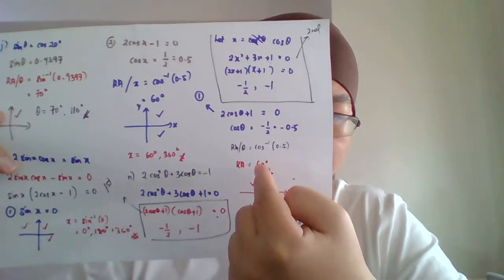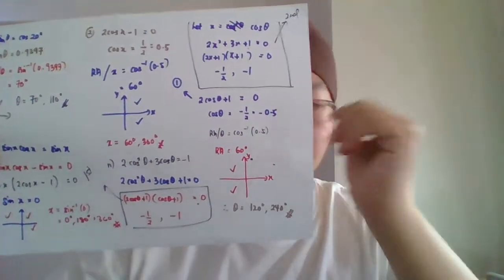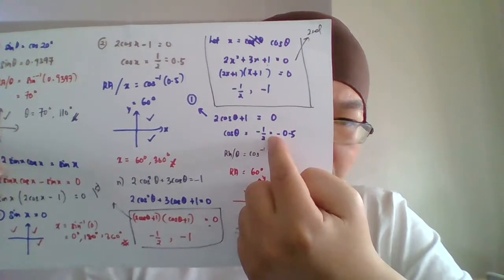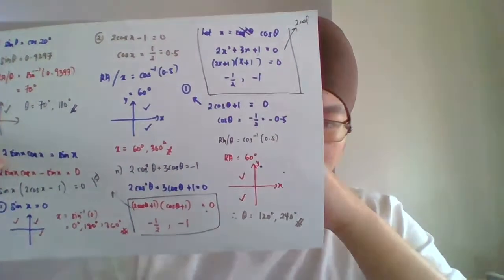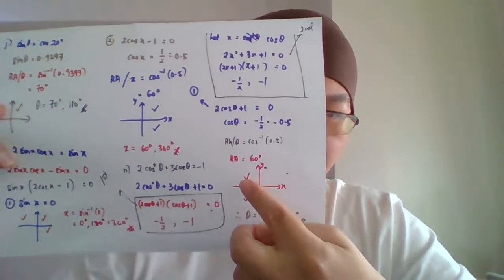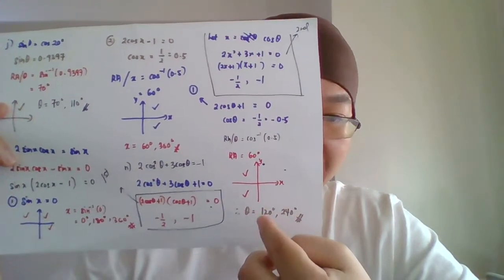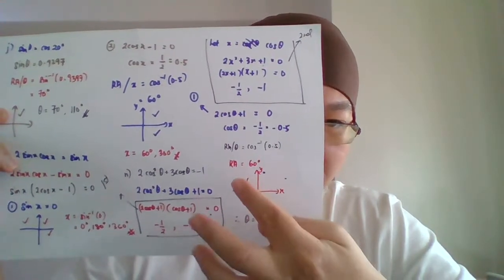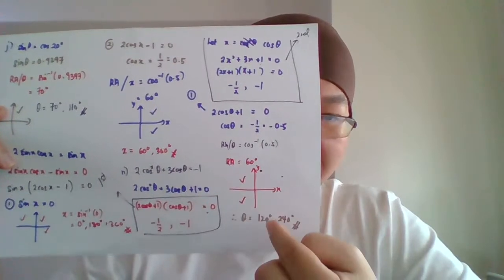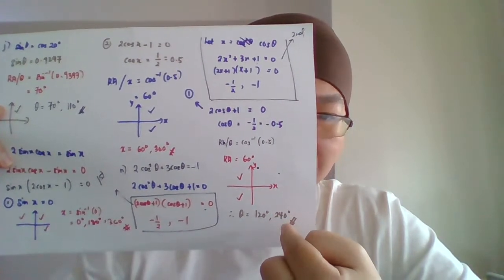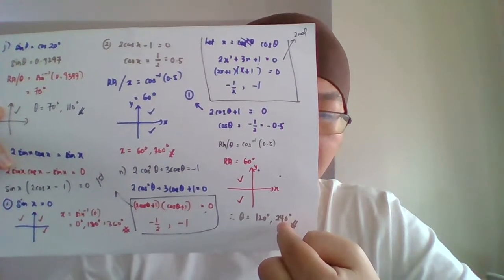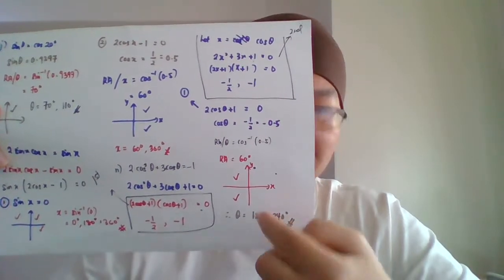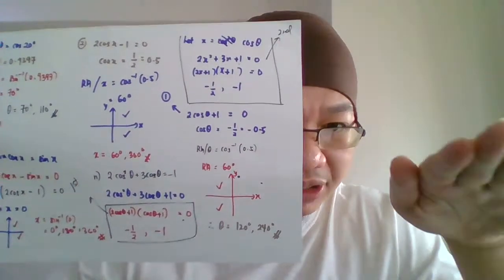And then you are supposed to get RA equals to 60. And then now you need to check. The negative for cos is second and third quadrant. So what is the answer for second and third? Second quadrant will be 120 because 180 minus 60, and the third quadrant will be 180 plus 60, then you get 240 degree. Okay, that is half of the solution.